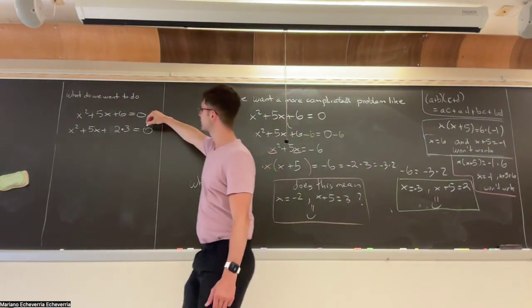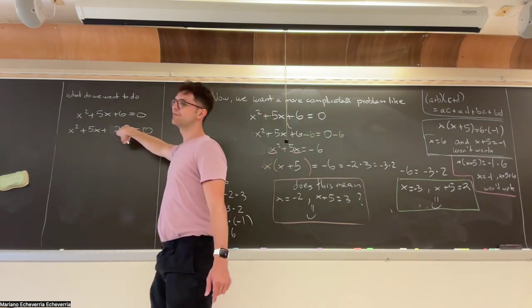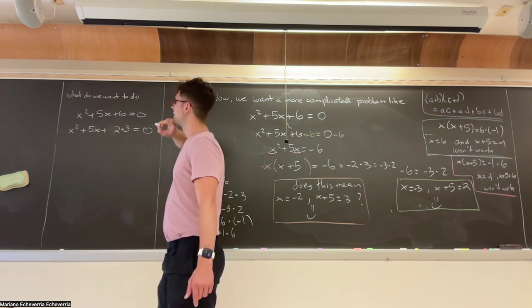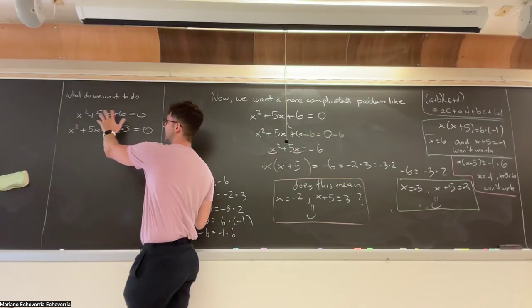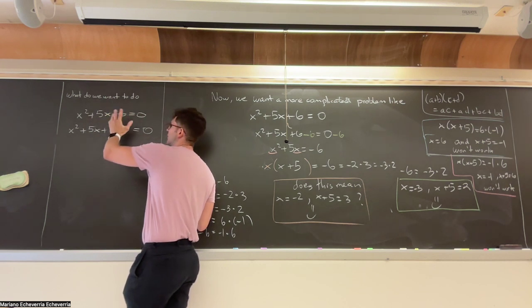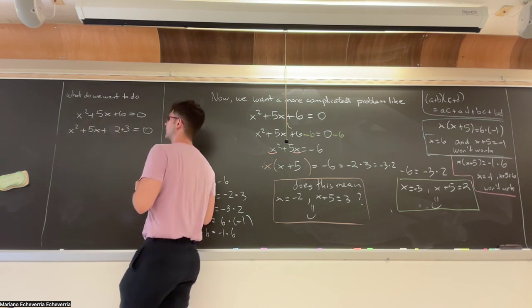What is special in this particular case is that if you add these two numbers together, 2 plus 3, you get 5 here. It wasn't super obvious, but there is a relation between 5 and 6. If you write 6 as 2 times 3, and then add those factors, which are also called divisors of 6, 2 and 3 add up to 5.